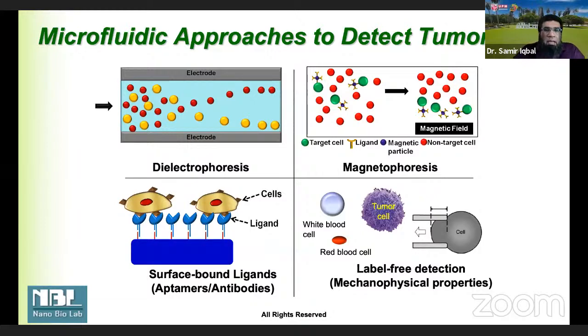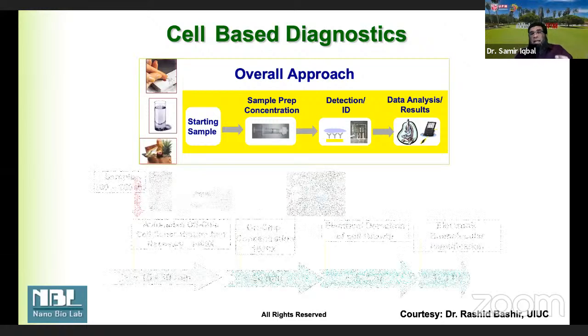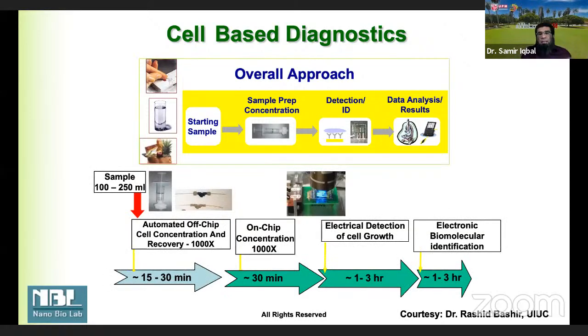So there are many ways, and these have led to the idea of what we call cell-based diagnostics, where we start with a small volume, and on the chip we can separate things out and then detect them in a chamber. And the idea is that all the way from taking the sample, a very small amount, within a few hours we should be able to detect the presence of those biomarkers.